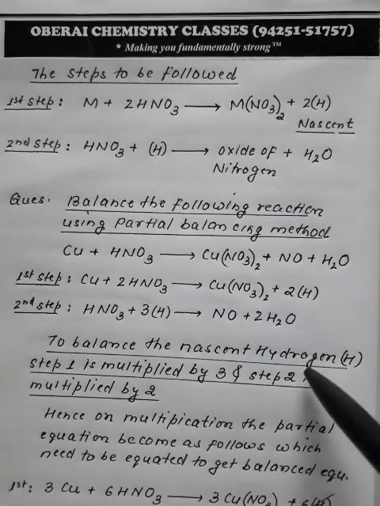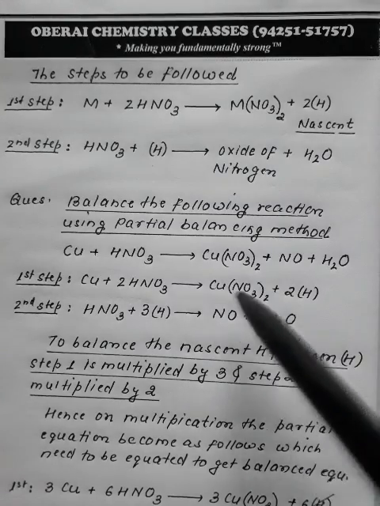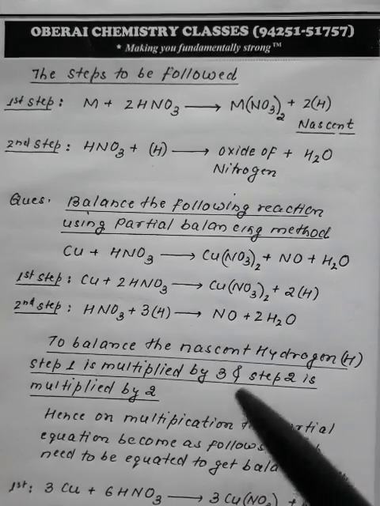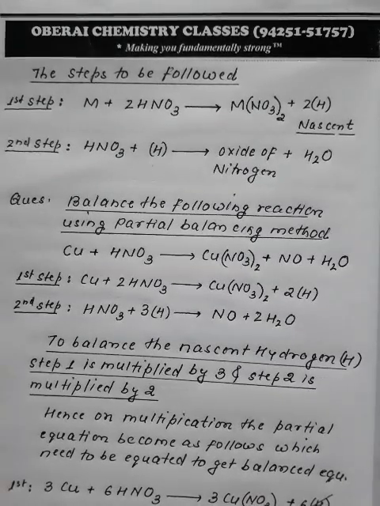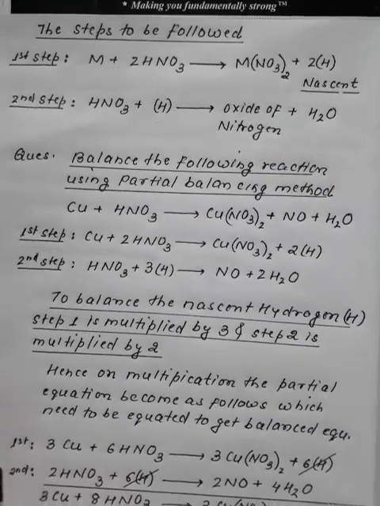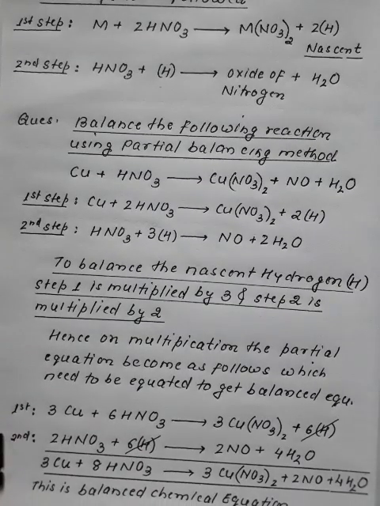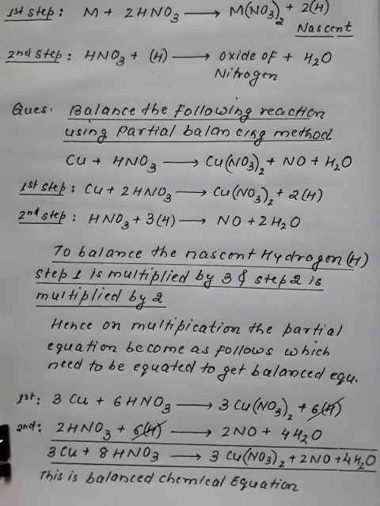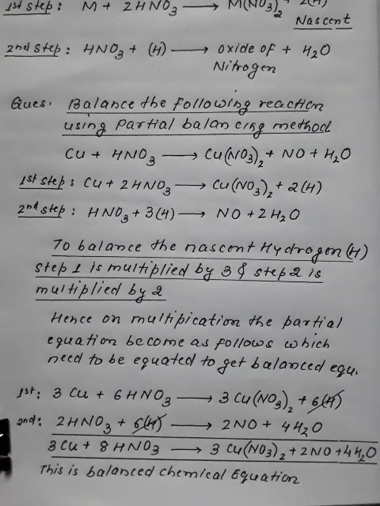So when we multiply step number 1 by 3 and step number 2 by 2, after multiplication the first step now converts into 3Cu plus 6HNO3.